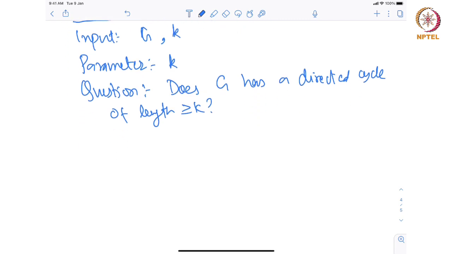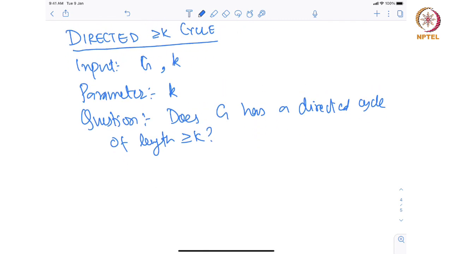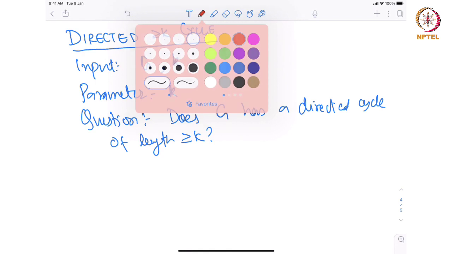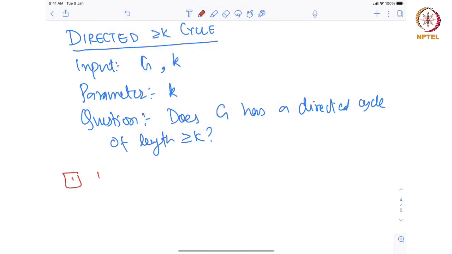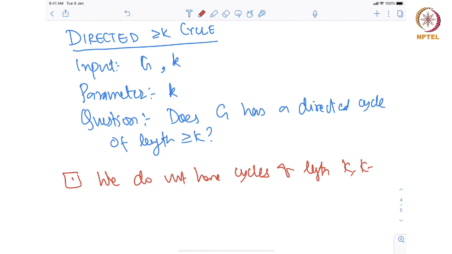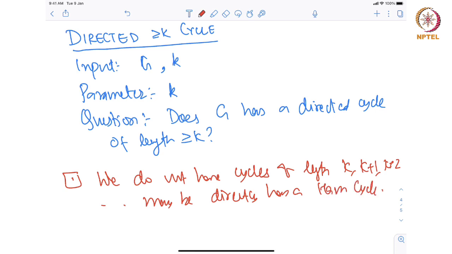Notice why the question is much more interesting. It could be that we do not have cycles of length k, k plus 1, k plus 2 and so on, but maybe the graph directly has a Hamiltonian cycle.